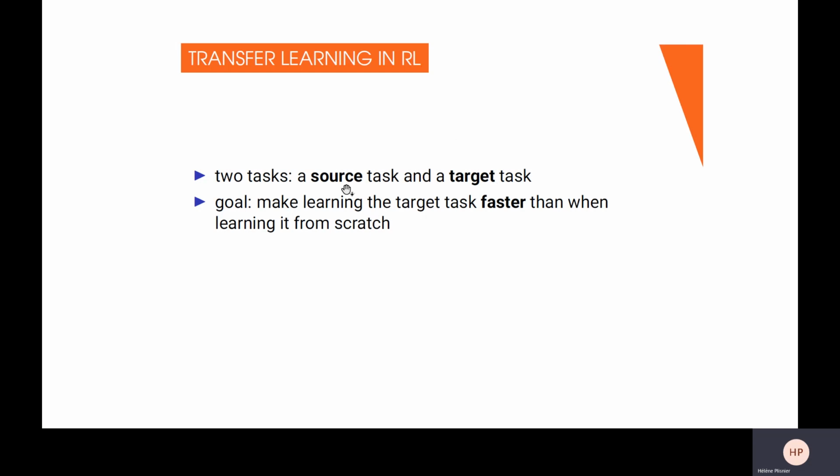So we have our agent learn a source task, a first task, from scratch, and we hope that, in some intelligent way, our agent will be able to use some of the knowledge it has learned in the source task while tackling the target task, and so learn that target task faster than by directly trying to learn it from scratch.